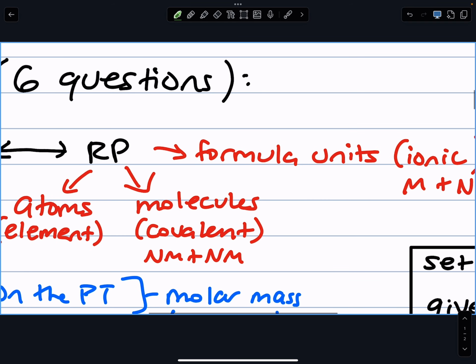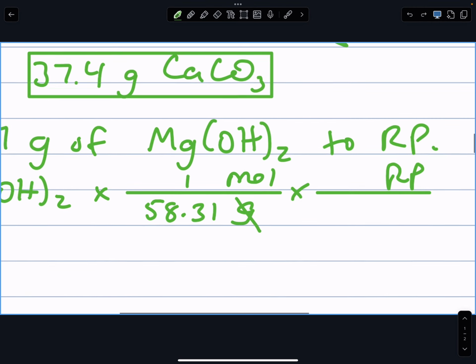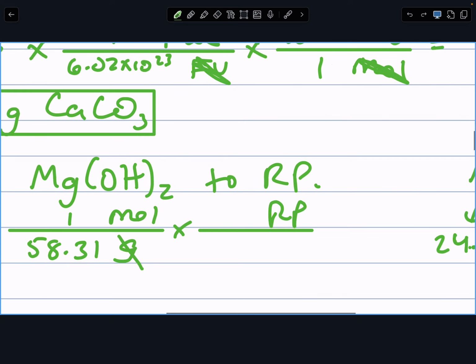It can be any of those 3. How do I know which one it is? Yes, it's a metal with a polyatomic, or metal plus nonmetals, meaning this is an ionic compound. So what is the unit? I'm looking for formula units. So where's that going to go? What goes on the bottom?